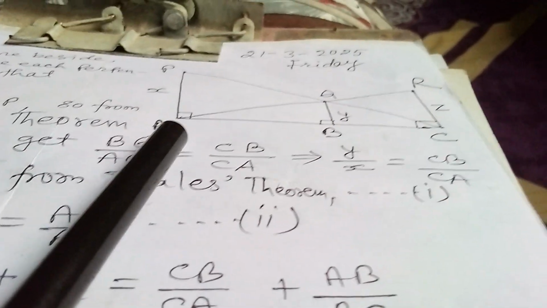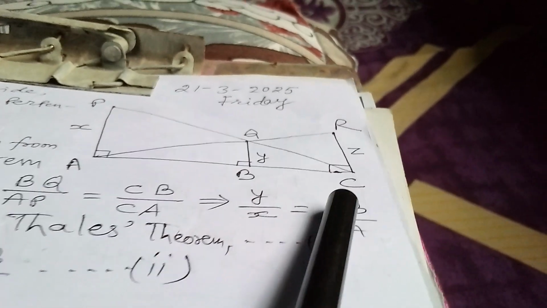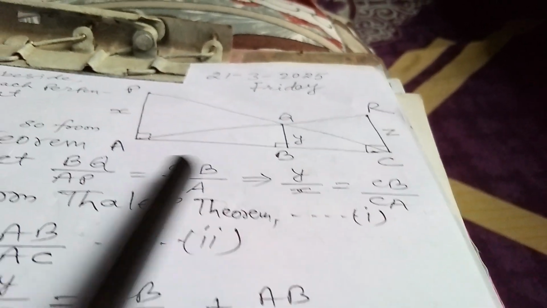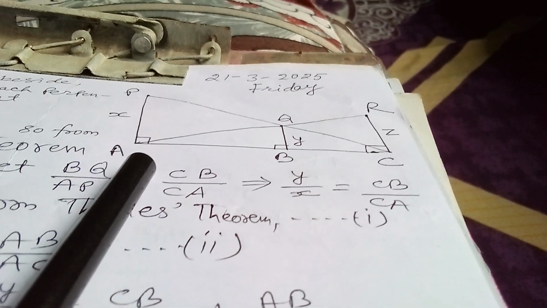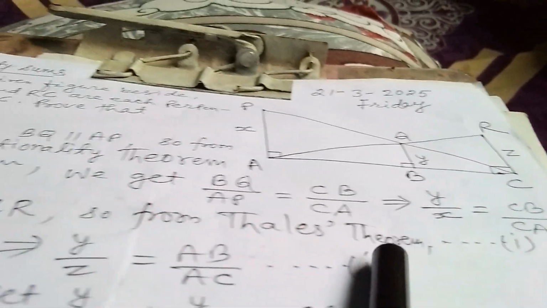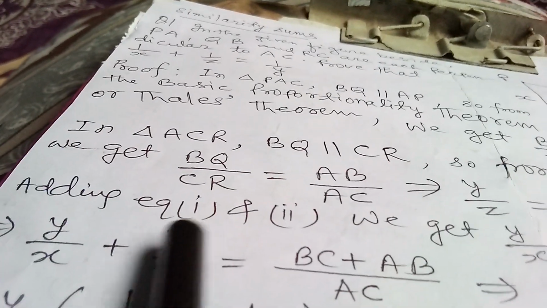As in this triangle ACR, QB is parallel to AC, and so from Thales theorem QB by CR equals AB by AC. That means Y by Z equals AB by AC. This is the second equation. And now adding equation 1 and 2.